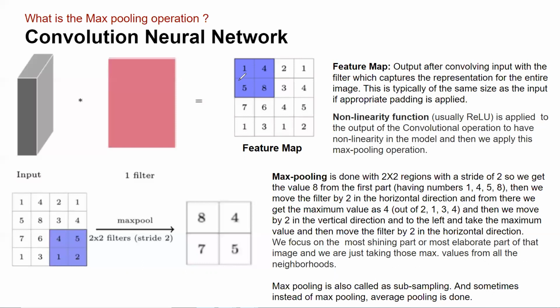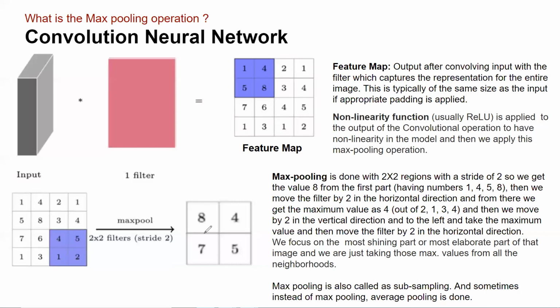Convoluted matrix is this one, the feature map. After applying the 2x2 filter, the resultant matrix you can call a pooled matrix or downsampled matrix.